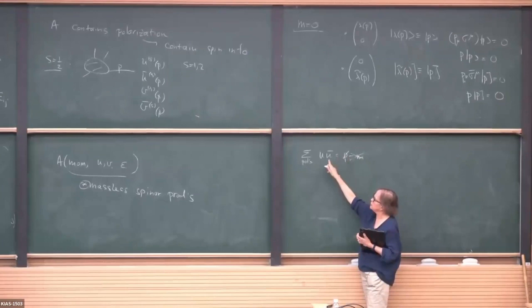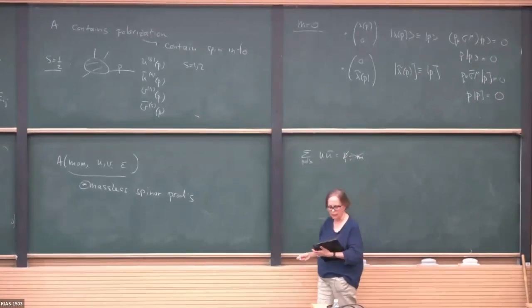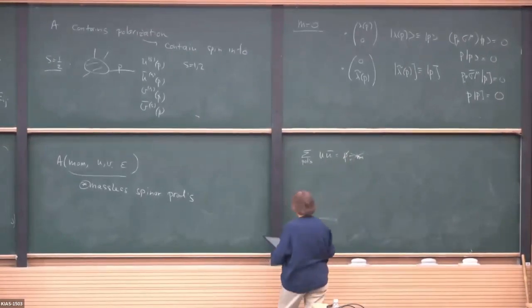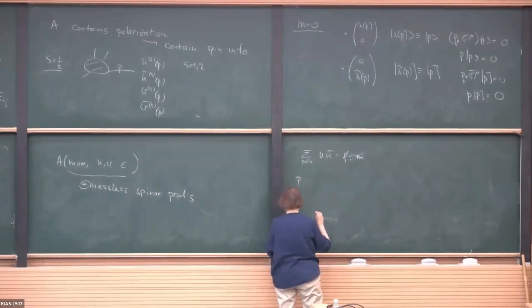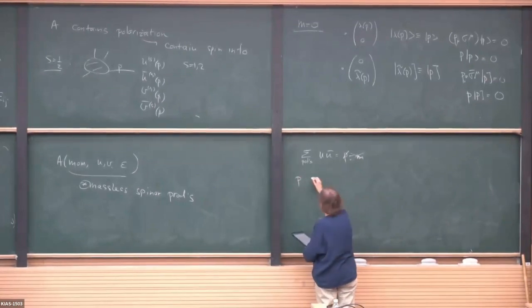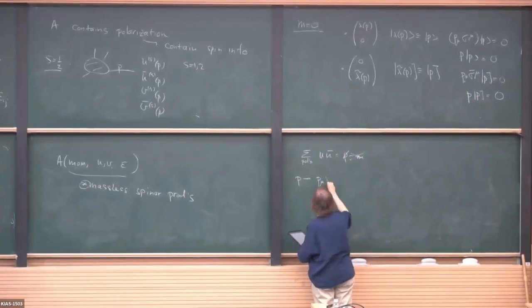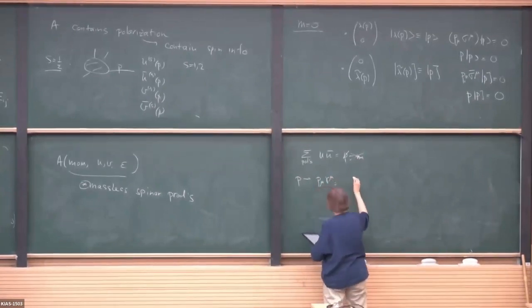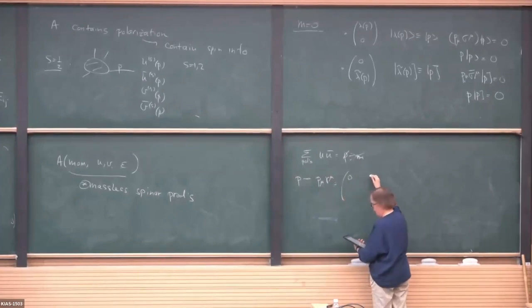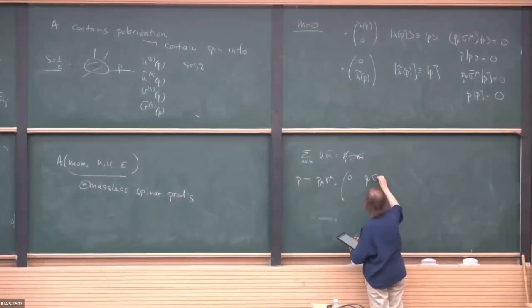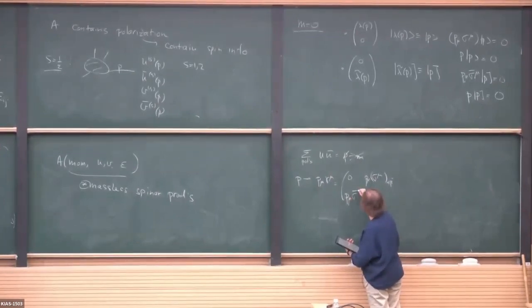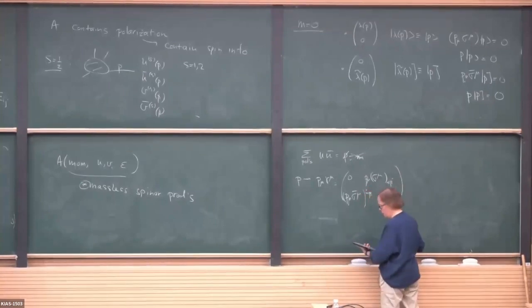You can write P slash in terms of massless spinors. So essentially, instead of P, I can work with P mu gamma mu, which is 0, P mu sigma mu alpha beta dot, P mu sigma bar mu alpha dot beta, and 0.